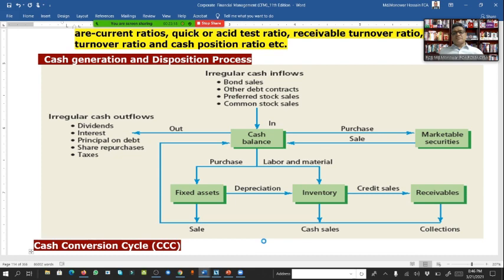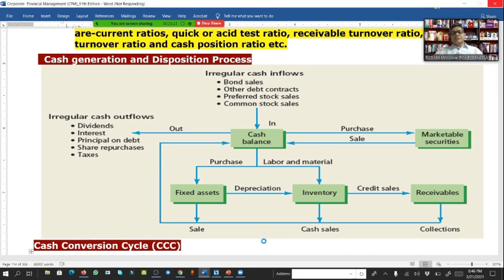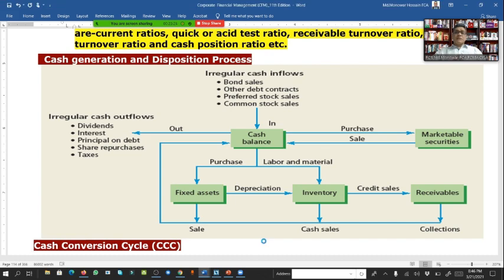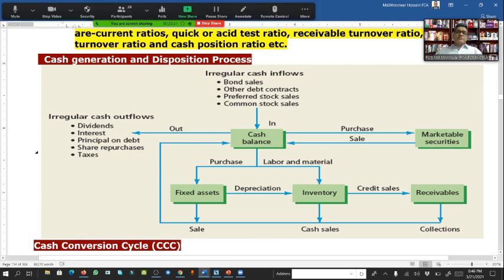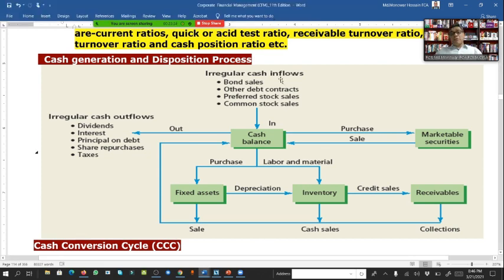Regular comes from the operational side, and irregular ones are, for example, one-time or less frequent, after one year. That means, for example, if you sell a bond or share, etc., it is an irregular cash inflow. It comes into the cash flow.